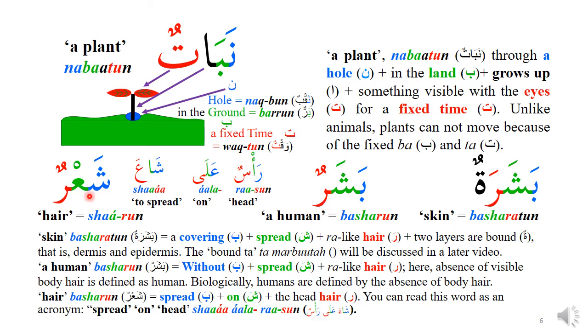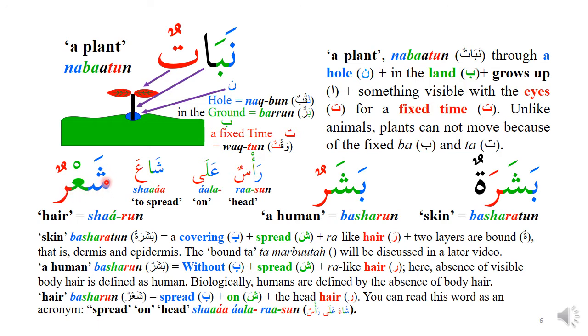And sha'run is here. This is also very easy to understand. Sha'a means to be spread. See, the meaning of sheen, to spread, is related to this sheen, right? And starts with this first letter. Sha'a means to spread, and so sha'a ala ra'sun means head.